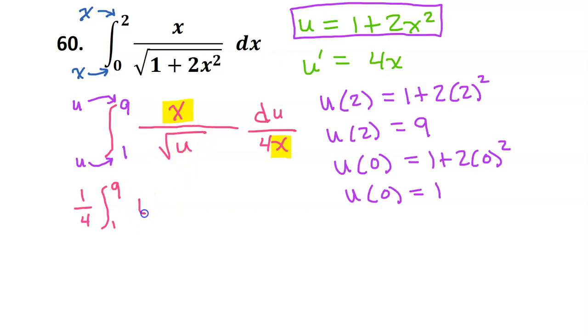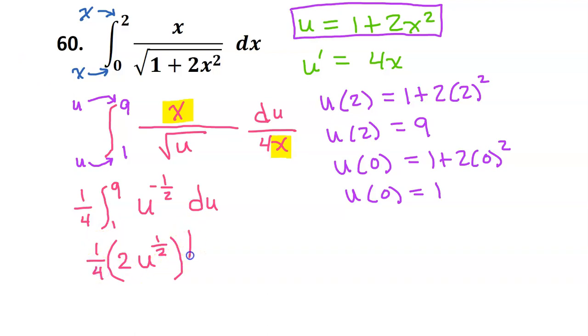Because it is in the denominator, we will write u to the negative 1/2 power du. Using the power rule of integration, we add 1 to this exponent, and we end up with positive 1/2. Then we divide by the new power. Dividing by 1/2 is the same as multiplying by 2. Let's not forget about the 1/4 that we still have out there in the front.